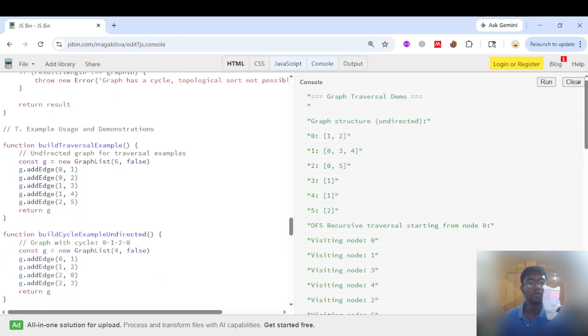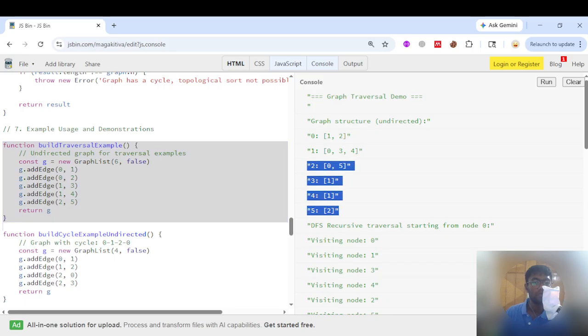So this should be the graph that we are talking about, where 0 connects to 1 and 2, and 1 connects to 0, 3 and 4, and 0 is also connected to 2 and 5, and 3 is connected to 1, 4 and 5. These are leaf nodes. So with this, we are looking at DFS as we just talked about.